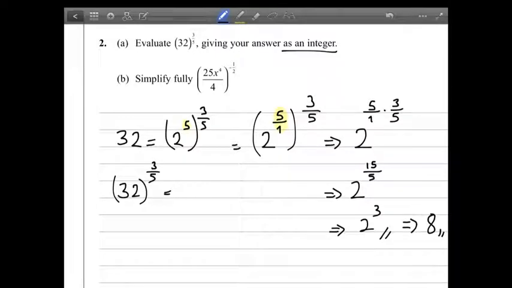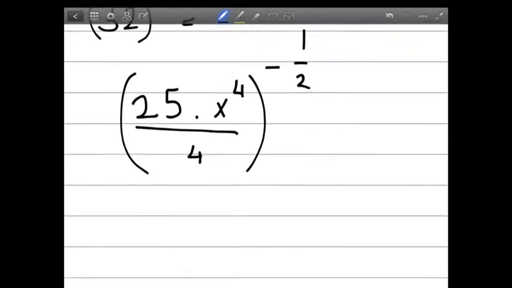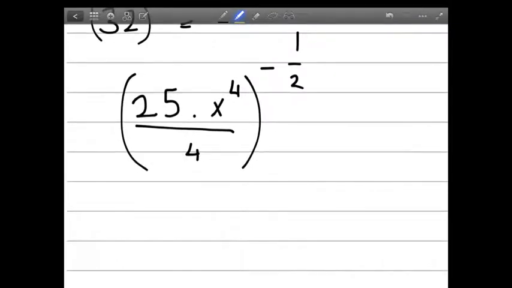And we have: simplify fully 25 times x to the power of 4 over 4, all to the power of minus 1 over 2. What does it mean at first? The power is negative. That means swap the numerator and the denominator.